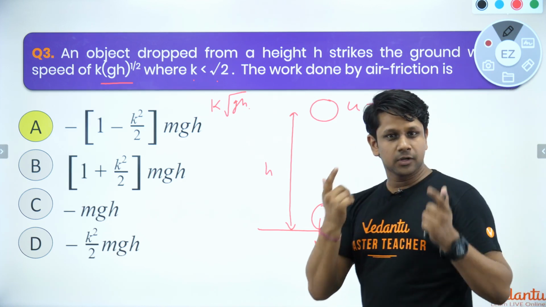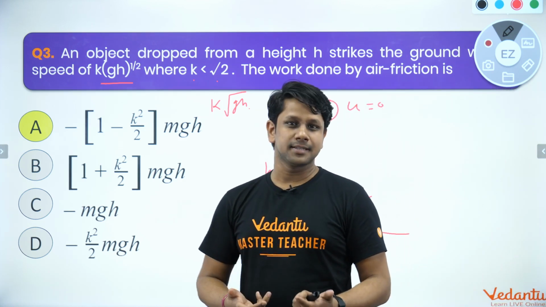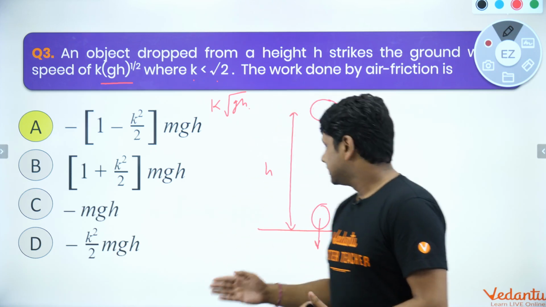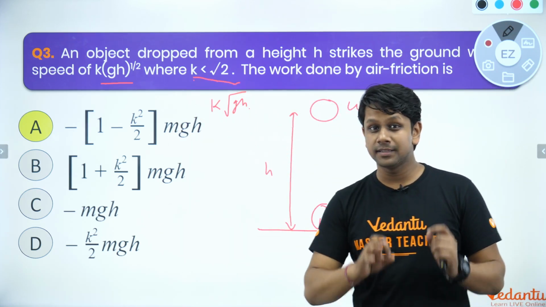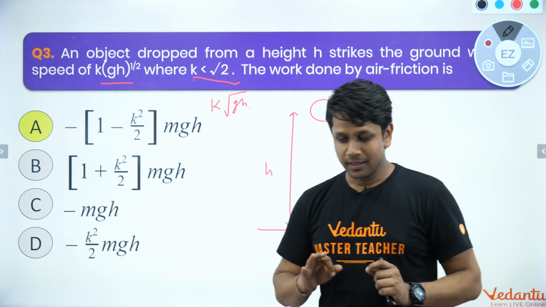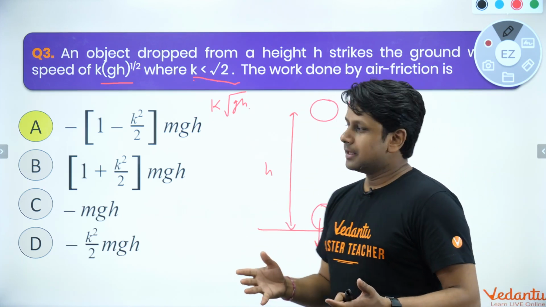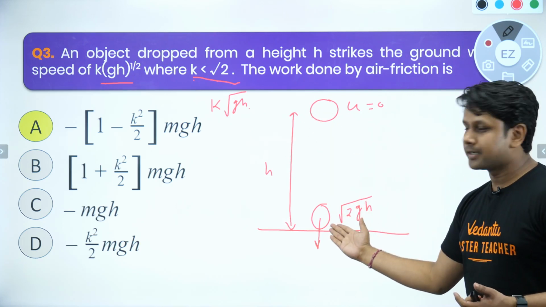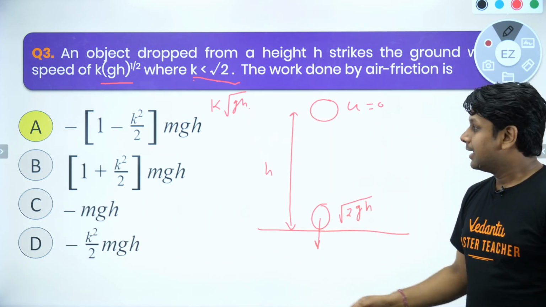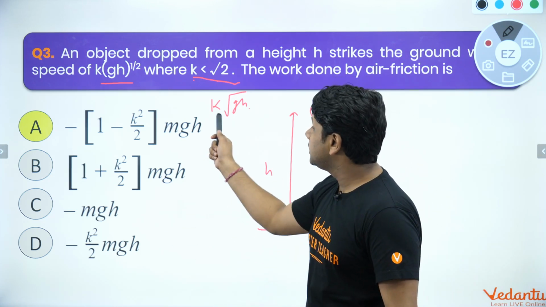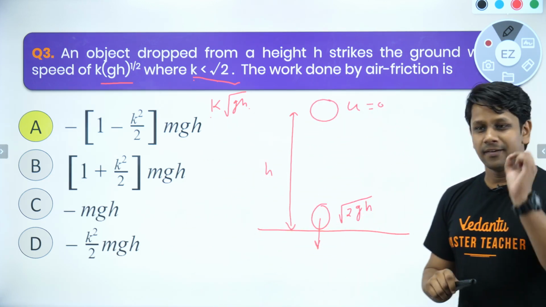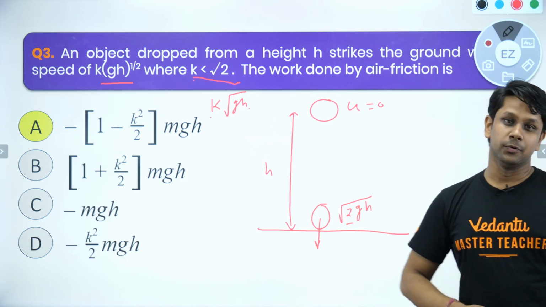Now obviously our common sense says that अगर air resistance है, this will be less than root 2, and that's what examiner has written here. So everything has a meaning बच्चों. So what happened actually? The velocity which was expected for the particle is not achieved. The velocity achieved by the particle is only k times root gh, where k is less than root 2.